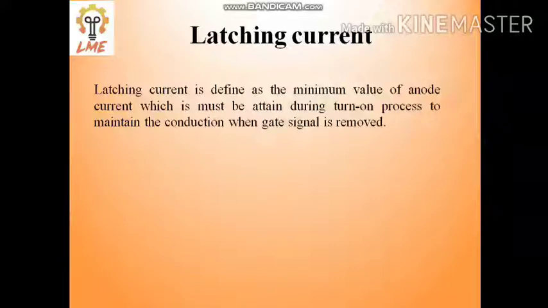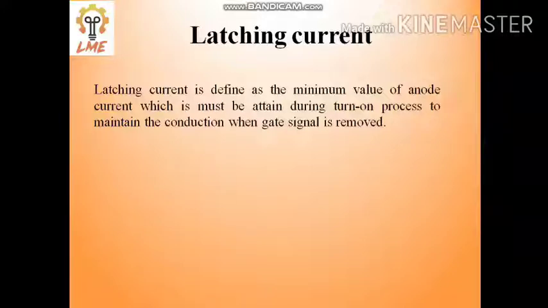We know that when the anode is positive and the cathode is negative, a gate signal is required to turn on the thyristor. But here it says that when we apply the gate signal, the anode current should reach a minimum value. Then if we remove the gate signal, the conduction will not turn off.